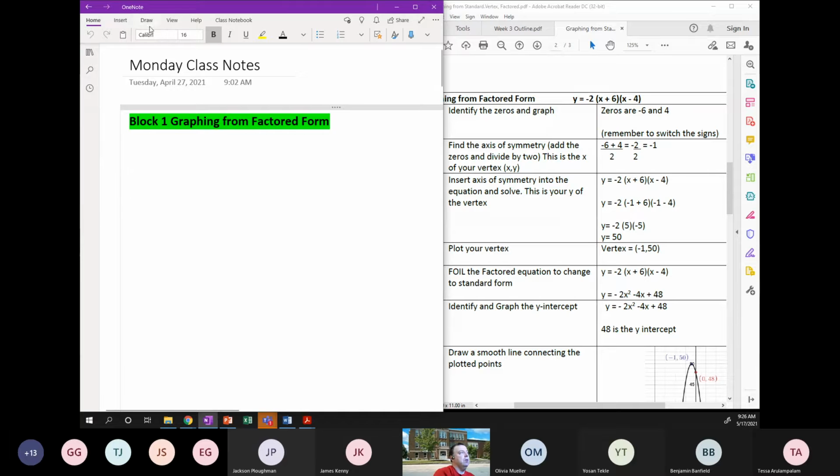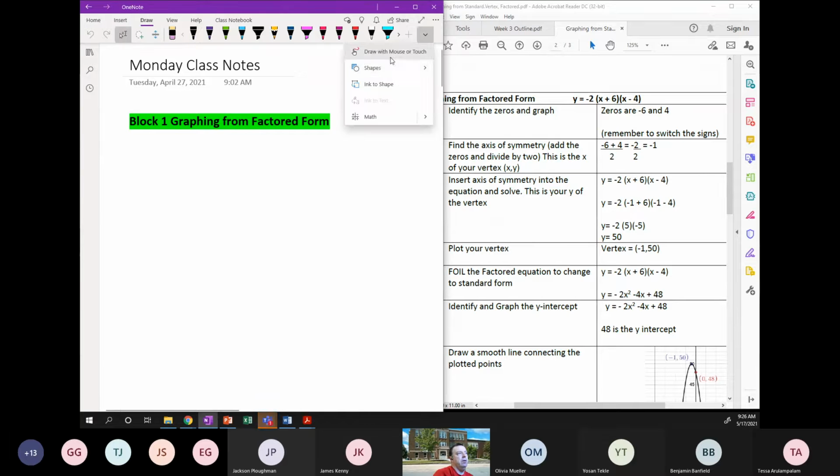Okay, so the first thing here is let's pick an equation to graph. So let's pick this equation here: y equals (x minus 1)(x plus 3). Okay. And let's do the first part. The first part says identify the zeros.